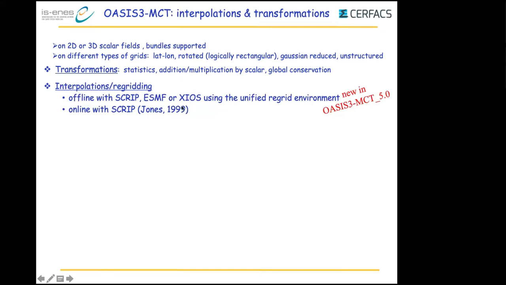We were not that happy with the SCRIP library, especially near the poles, and so that's why we started looking at other libraries to do the regridding. So you're not using ESMF or XIOS to do the coupling per se, but you can use ESMF or XIOS to calculate your interpolation or your regridding weights.